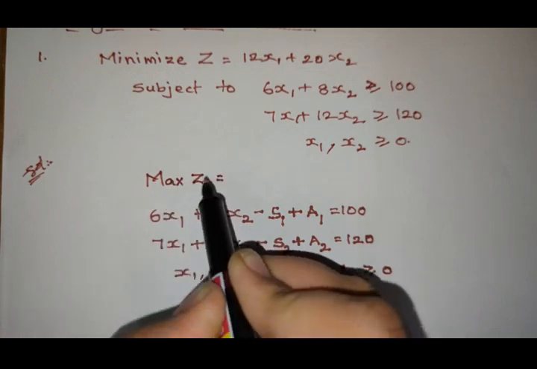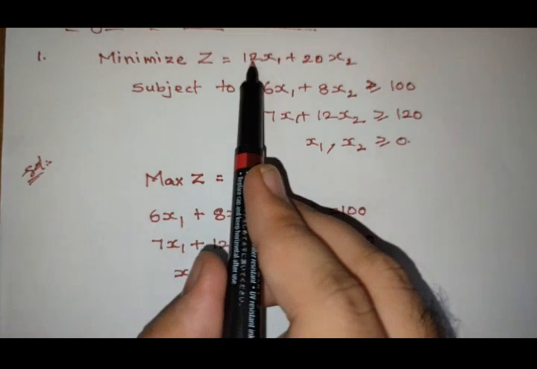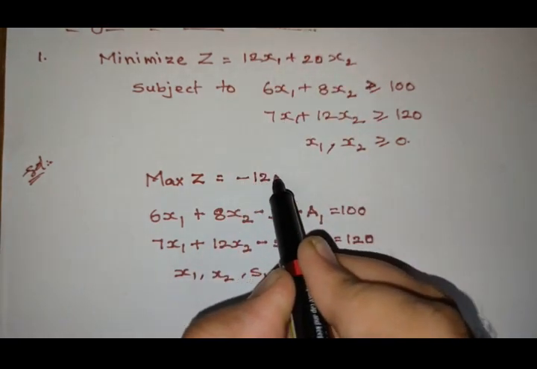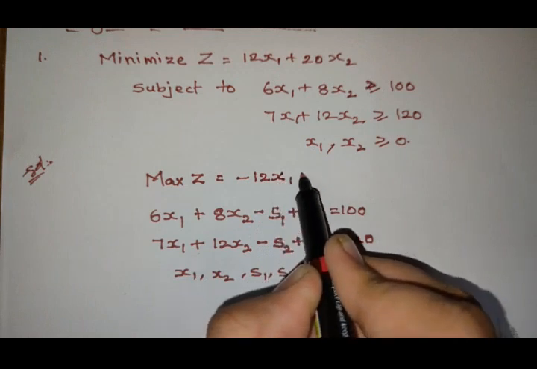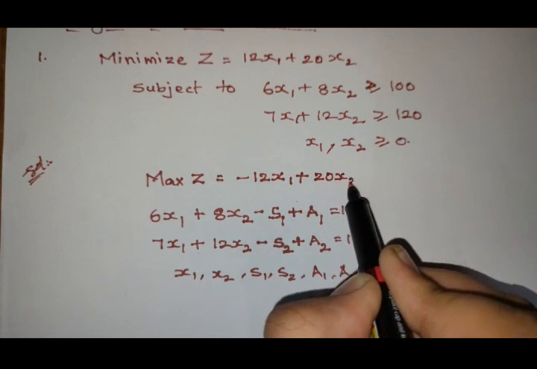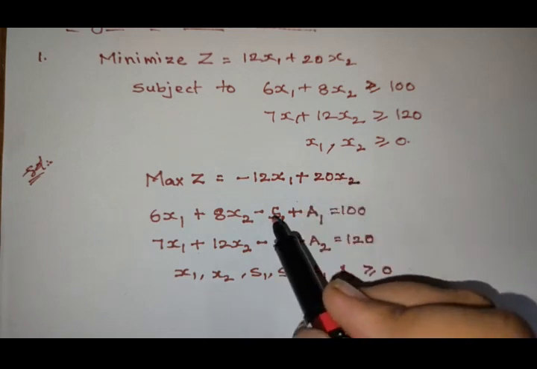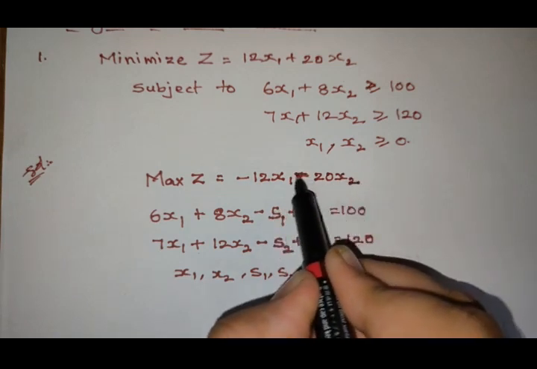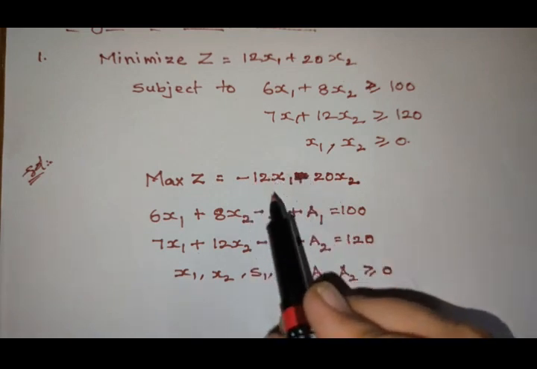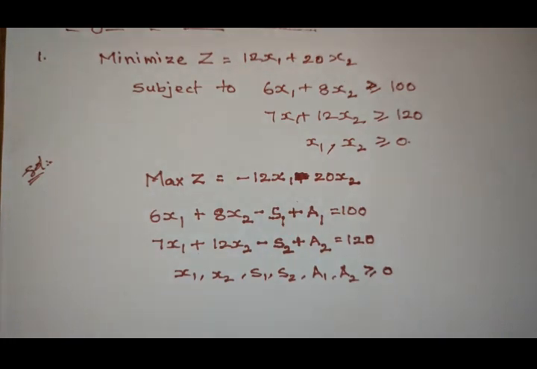So maximize z equals minus 12x1 minus 20x2.